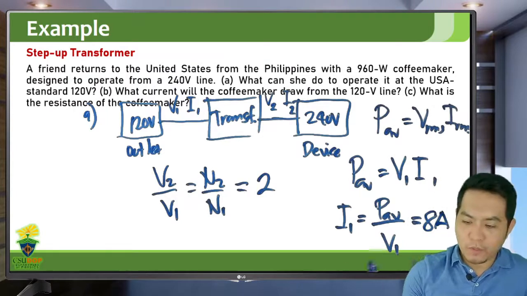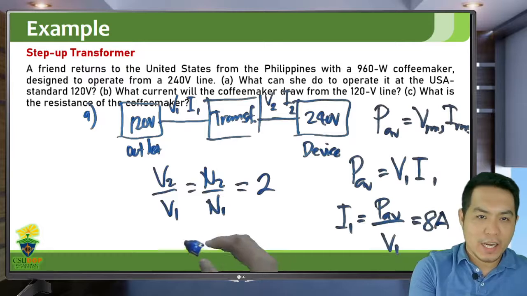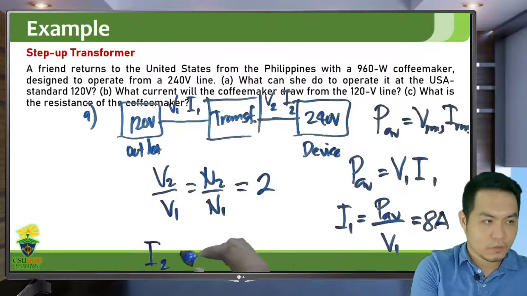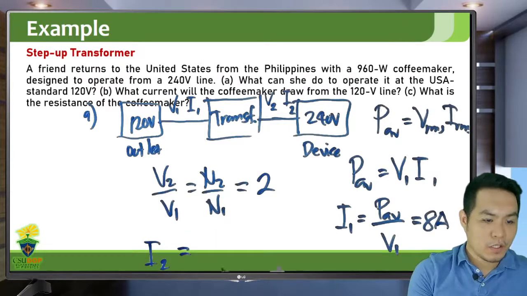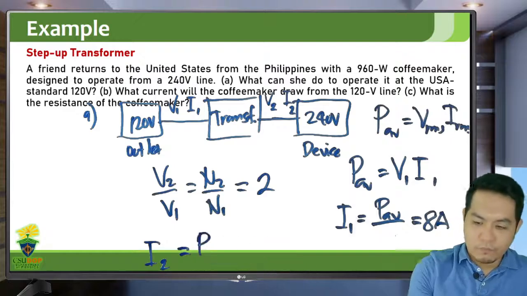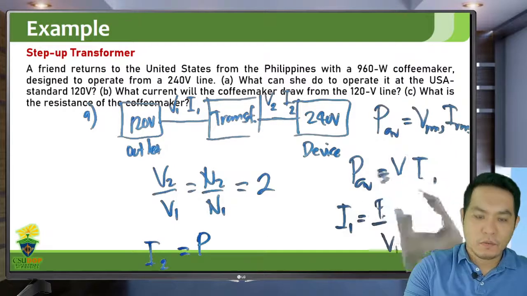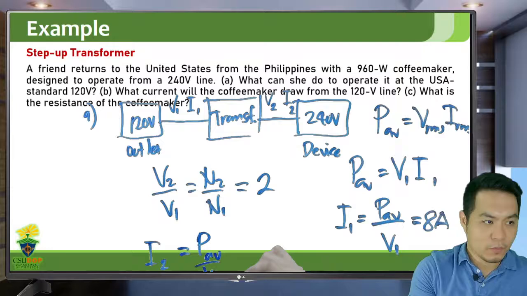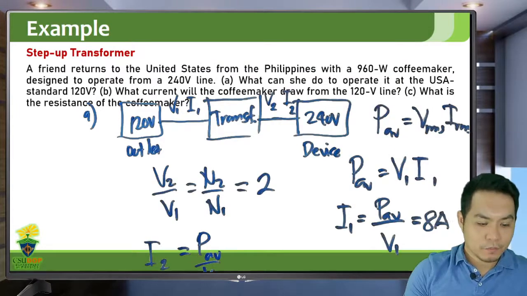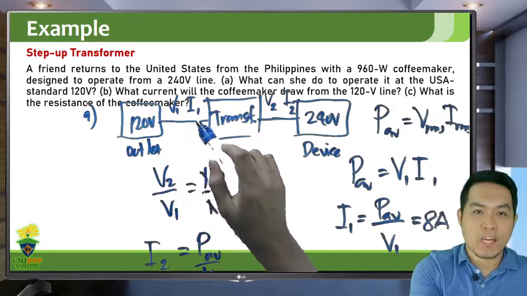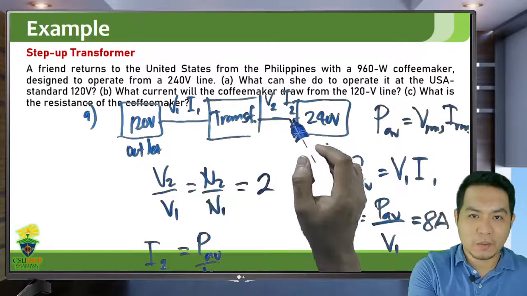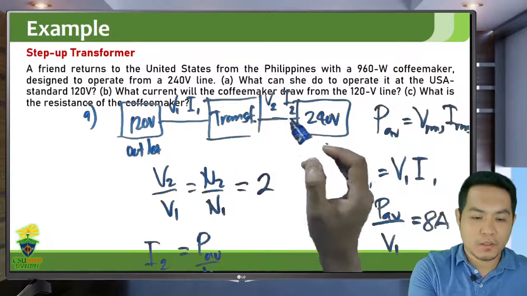So to solve for the secondary current I2, you can use the same equation, average power over V2. Or since the power is conserved, meaning V1 times I1 is equal to V2 times I2, you can also solve it using that.